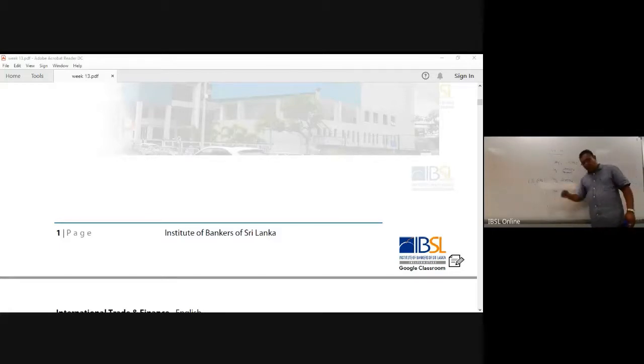But the liabilities here, what is the thinking that you have? Should the Issue Bank honor the document for 9,900 or 10,000, or should the Issue Bank honor both?